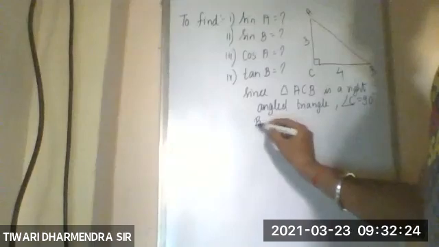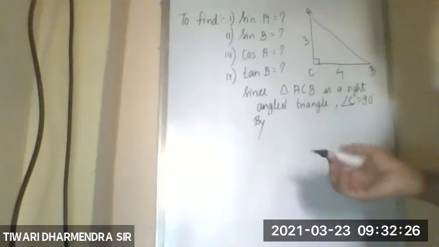Therefore, since our triangle is a right angle triangle, we can apply Pythagoras theorem.